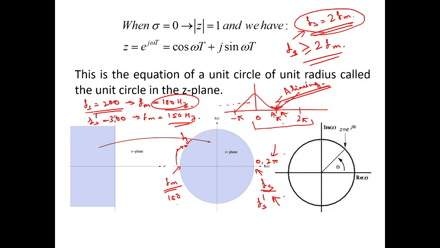So somewhere over here. So what is the problem? The problem is that initially you had 0 to pi, the full spectrum. Now the same spectrum 0 to 100 is being compressed into a smaller region. So you will be losing the resolution.